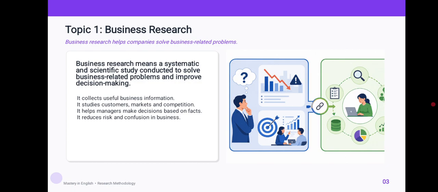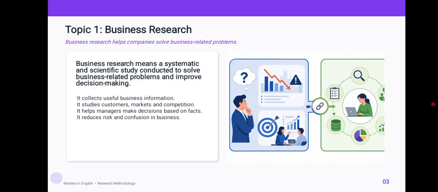So basically, next come to the first topic, that is business research. Business research means the research done to solve business related problems. In simple words, we can say that business research is systematic and scientific study conducted to improve business decisions.